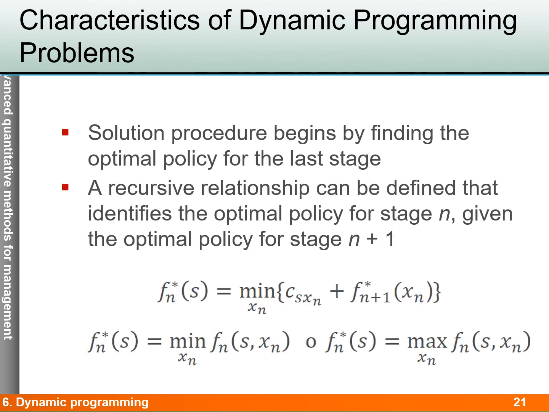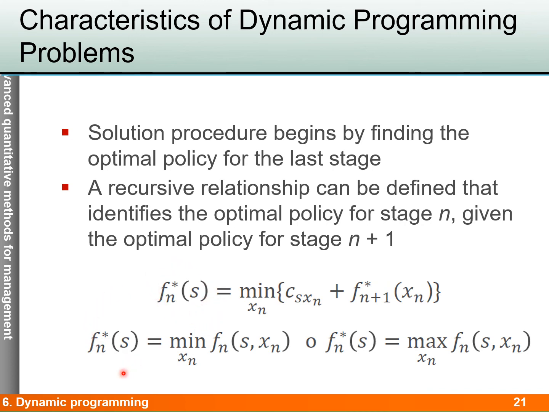Again, as we saw, the solution begins with the last stage. As I told you, there is a recursive relationship, a backward movement, that can be defined that identifies the optimal policy for stage n, given the optimal policy for stage n plus 1, by the immediate cost and the future cost, that is n plus 1, we find this optimal solution.